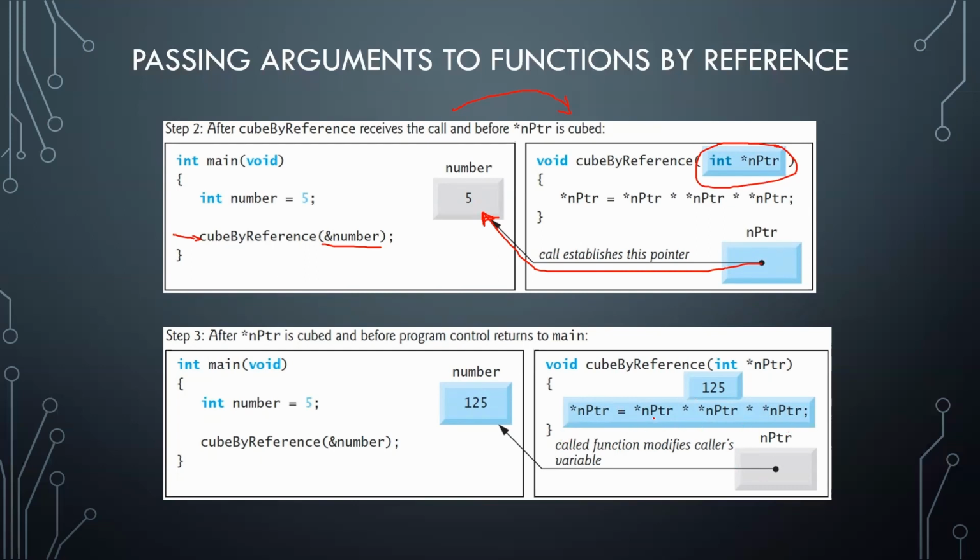It's going to take the value in here, which was the 5, and do 5 times 5 times 5, which is 125. It puts it into that location. So into that location goes the new value of 125. There's nothing else that has to be done in order to recall this actual memory location. It's just there.